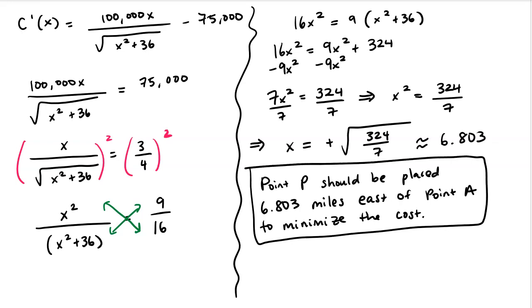And the second part of the question asked, what would the cost be? What we could do is take our cost function and evaluate it for x equals 6.803, and we should get that that is equal to $996,682.70.